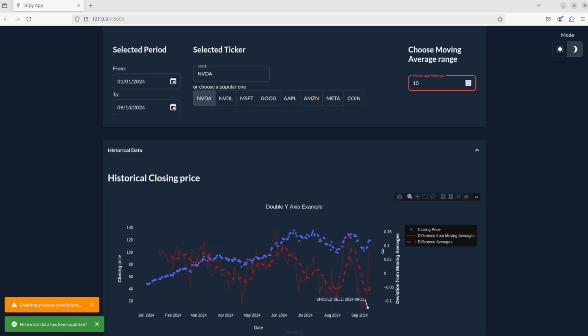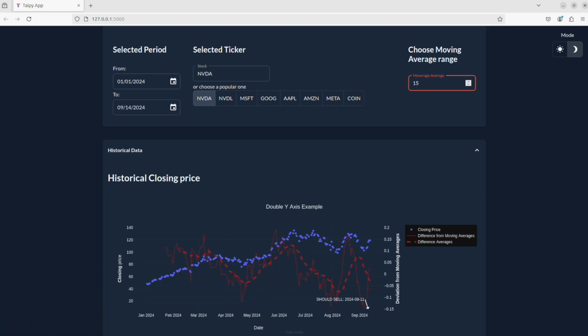So you see that after we make it 10 moving average days, the red line's maximum point is moving closer to the actual closing price's local minimum or local maximum. So okay, that's good to know. Then let's just try 15 days to look at whether things improve even further, right?